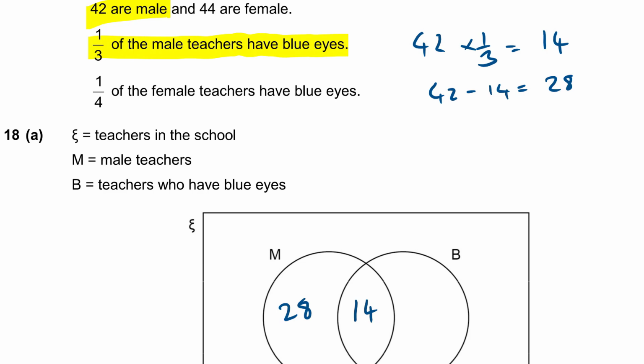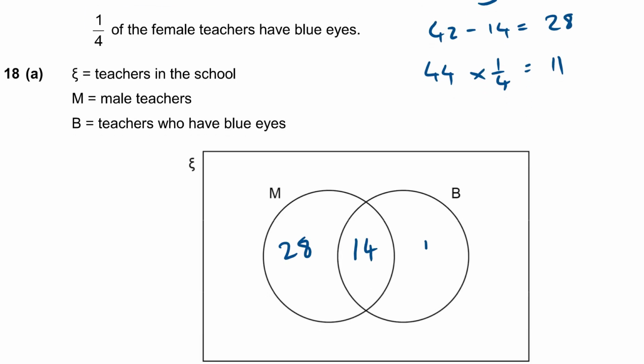How's that going to help us? That tells us the number who are in B and not in M. We know there are 44 female teachers, and 1/4 of that would be 11. So 11 teachers have blue eyes and are not male.